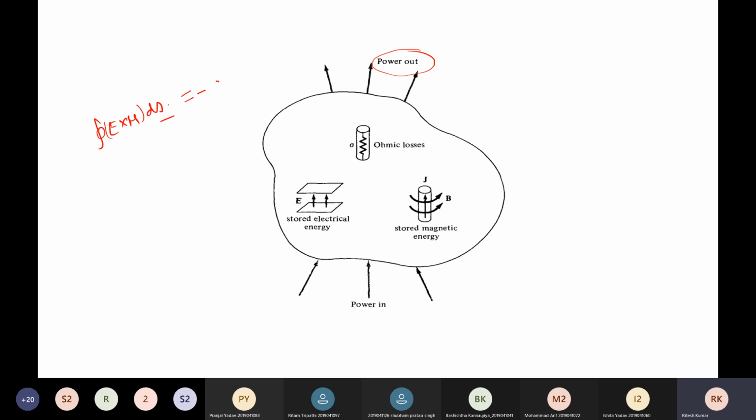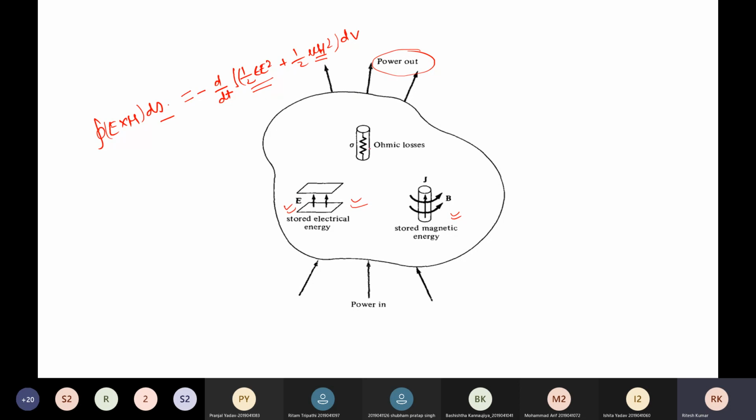The first term was minus d by dt integral of half epsilon E square plus half mu H square dV. This term is due to the electric field, stored electrical energy, and this term is due to the stored magnetic energy. In the magnetic field we have some energy stored, and in the electric field also we have some energy stored.